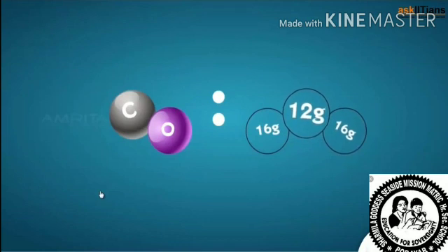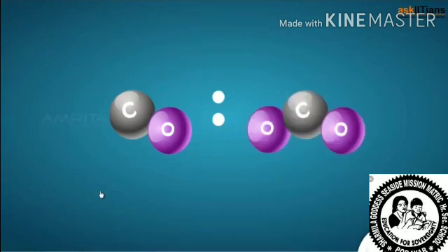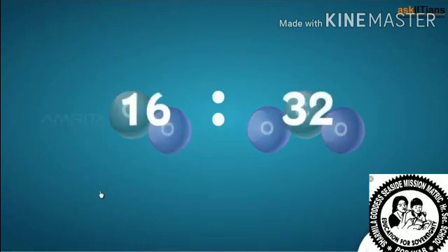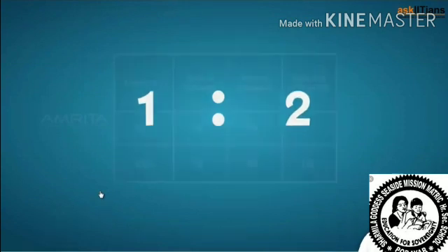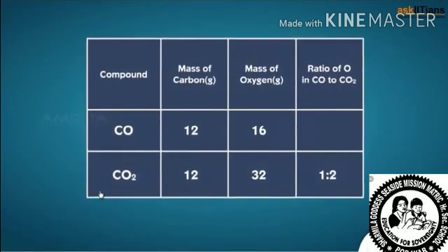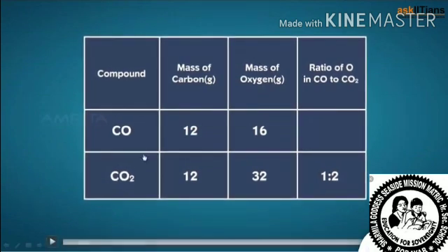So the ratio of the mass of oxygen in these two compounds is 16:32, right? That is the simple ratio 1:2. In these two compounds, CO and CO2, the mass of carbon is fixed, that is 12, and the oxygen mass is varying, that is 16 in CO and 32 in CO2.